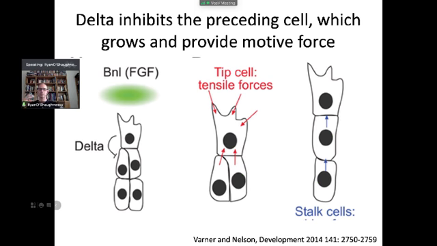And that delta Notch signaling, in the presence of branchless and breathless and downstream factors, is what controls which specific cells are able to be those terminally branching cells.